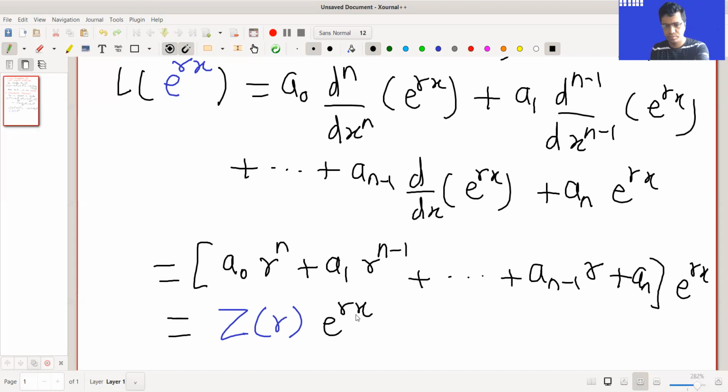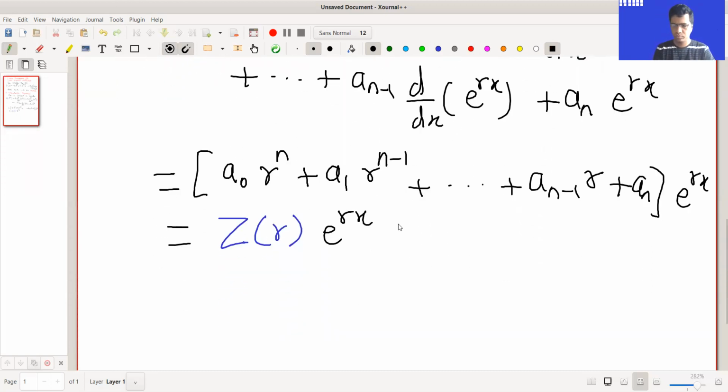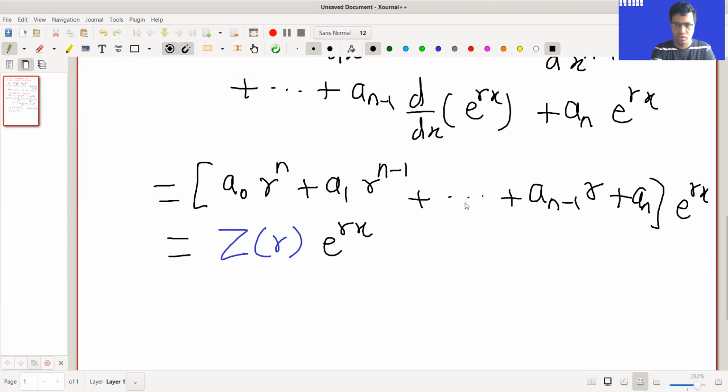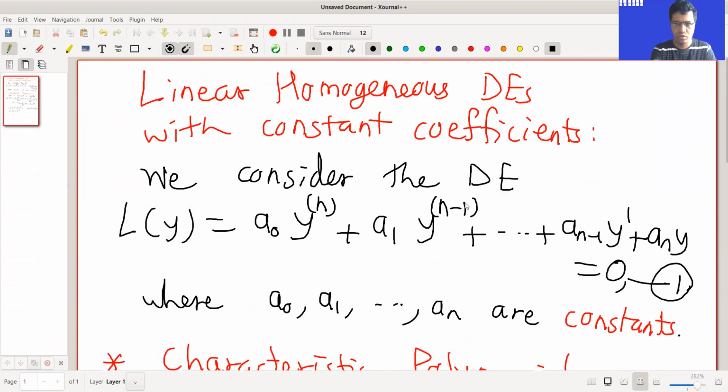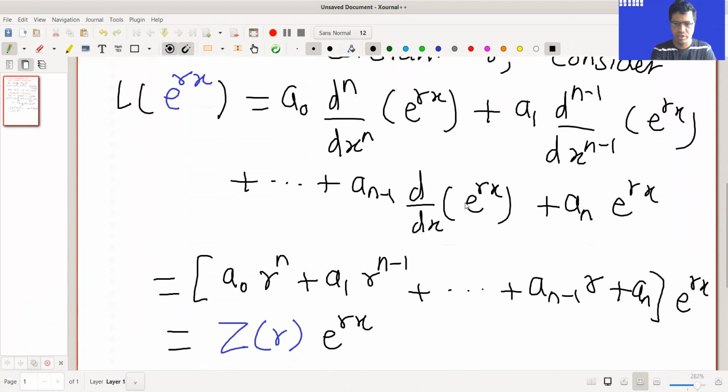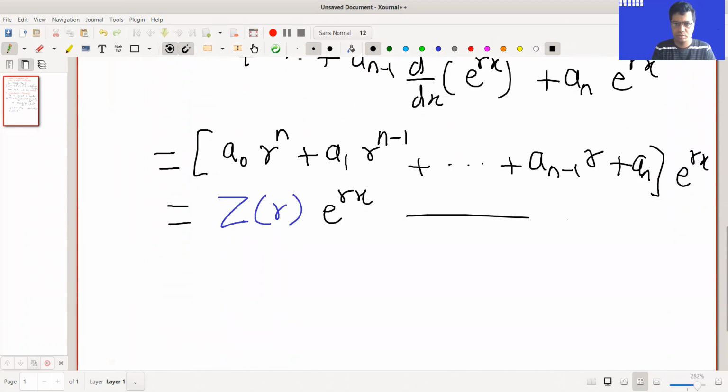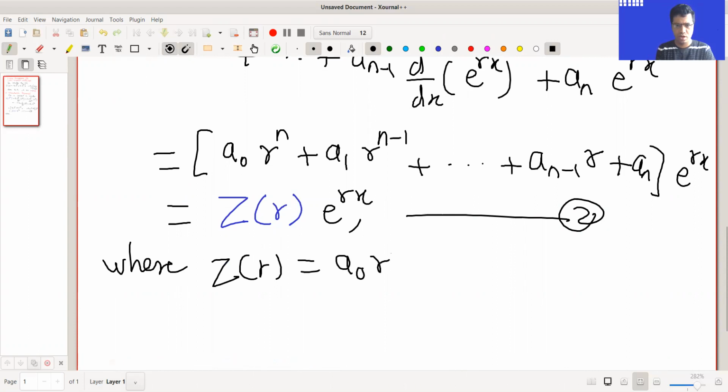where, this is equation 2: L of e raised to rx is z of r e raised to rx, where z of r is a0 r raised to n plus a1 r raised to (n minus 1), and so on, plus a(n minus 1) r plus an.